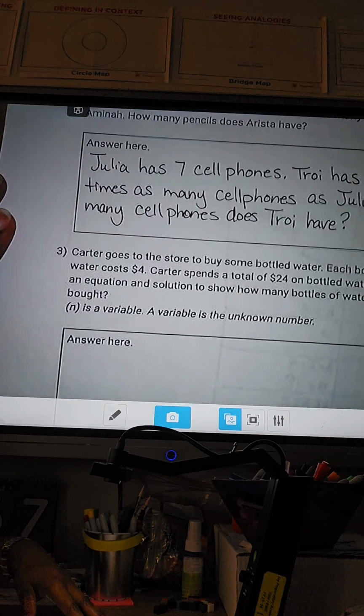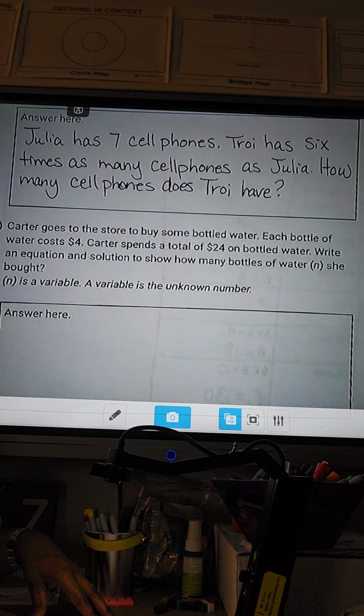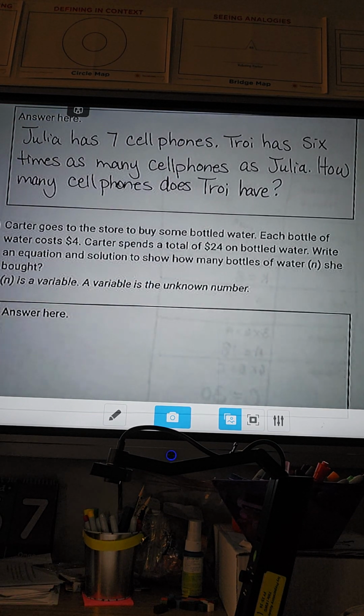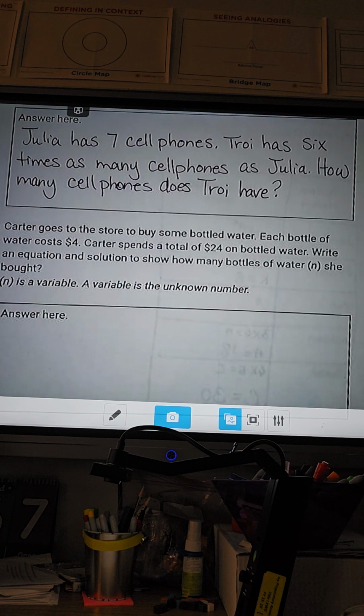Number 3. Carter goes to the store to buy some bottled water. Each bottle of water costs $4. Carter spends a total of $24 on bottled water.